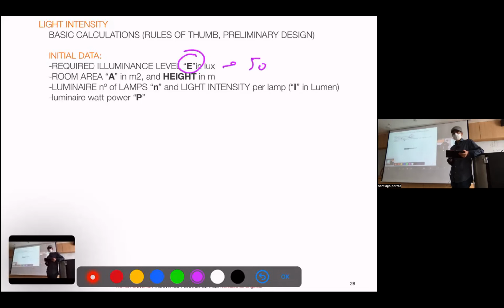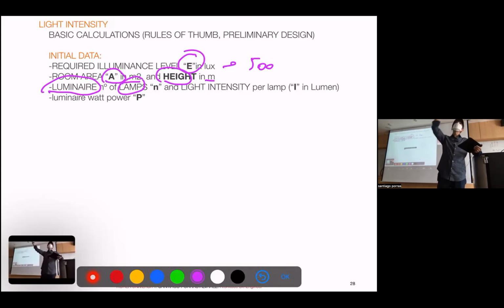Let's say it's like 500 lux, for example, as in the classroom. The room area and the height in meters, we are using the international system, always meters. Then the luminaire is different than the lamp, right? Here we have luminaires which have, well, they changed. I see 2 lamps each, right?